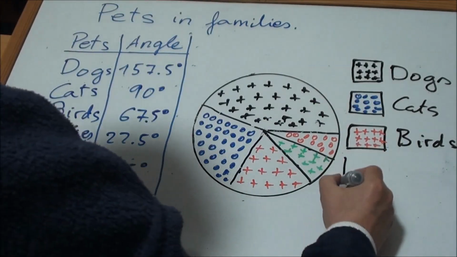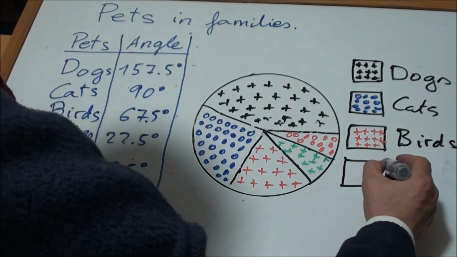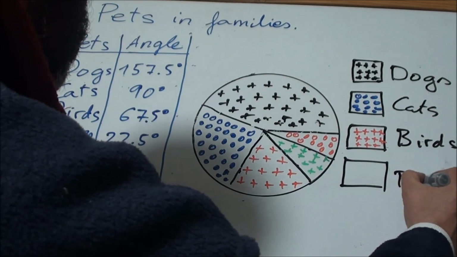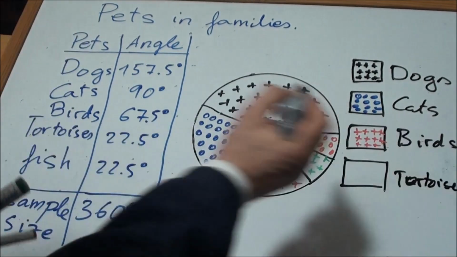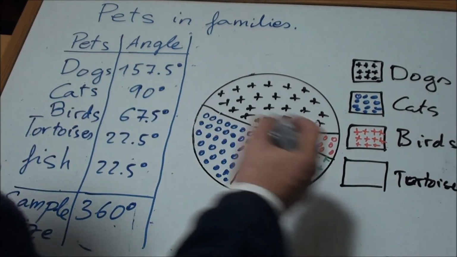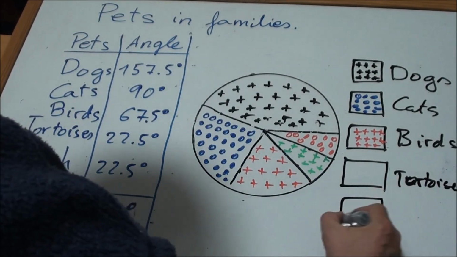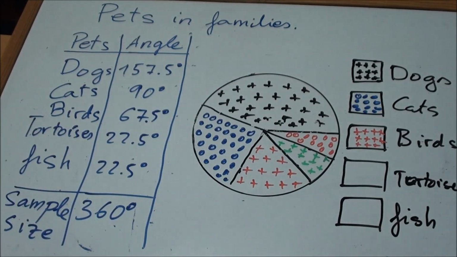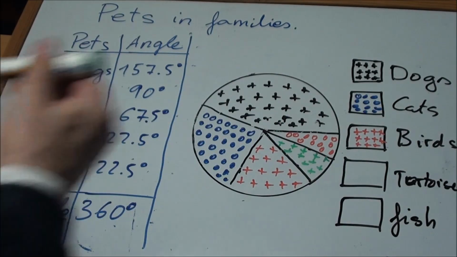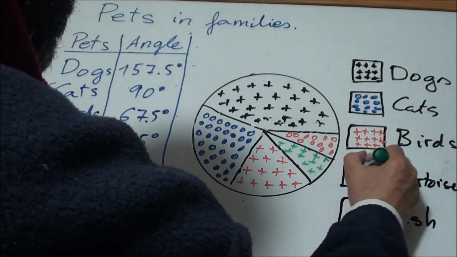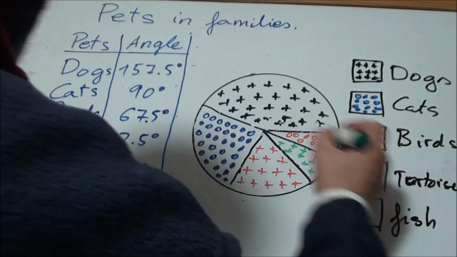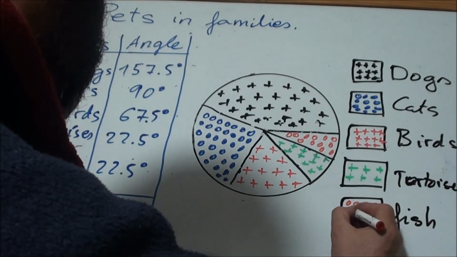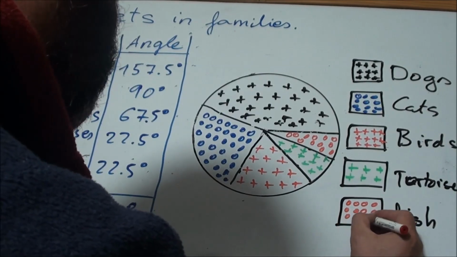So this would be tortoises, and this would be fish, and tortoises are green crosses and fish are red circles.